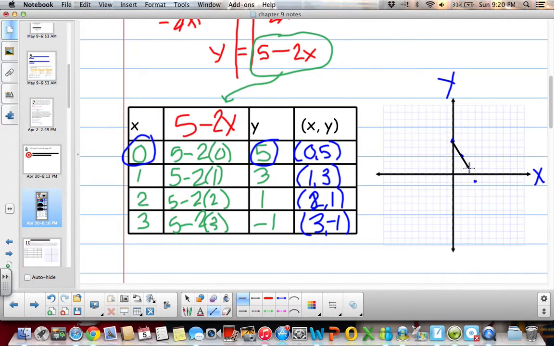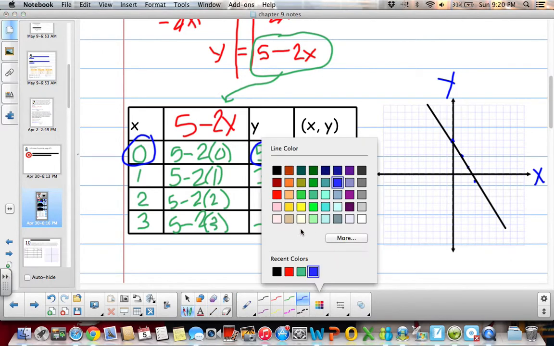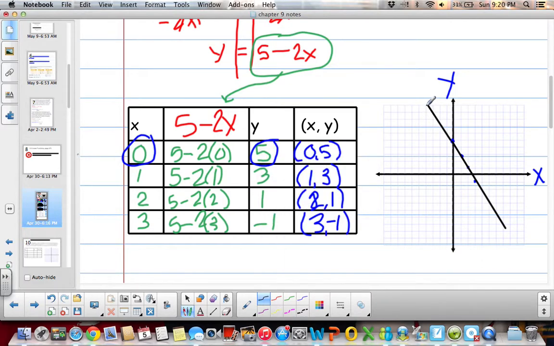So I'm going to connect my points like this, and it will keep going on and on. And then we want to have our arrows so that we know it's a line. So it goes on and on.